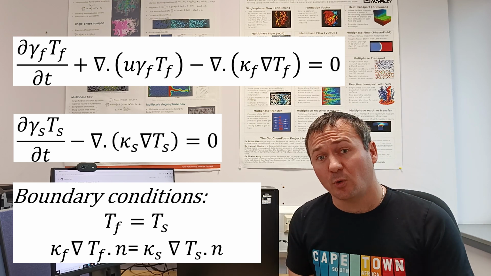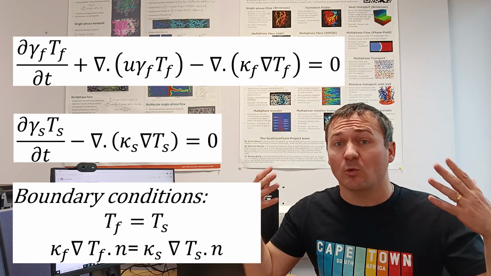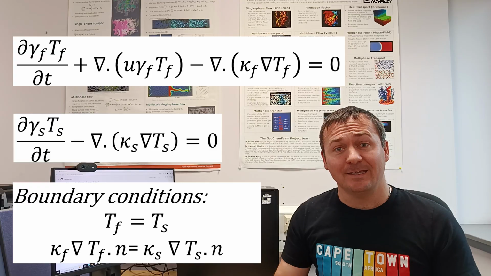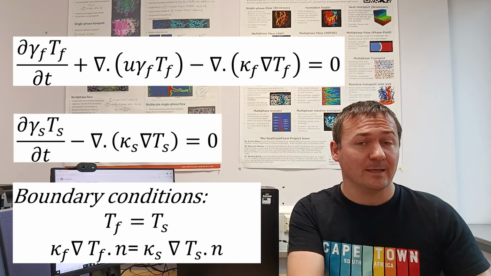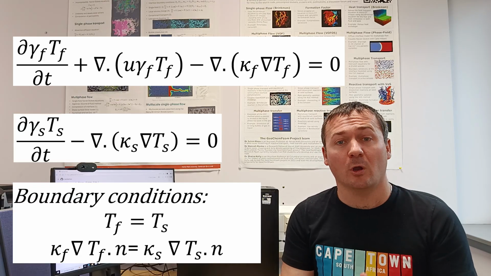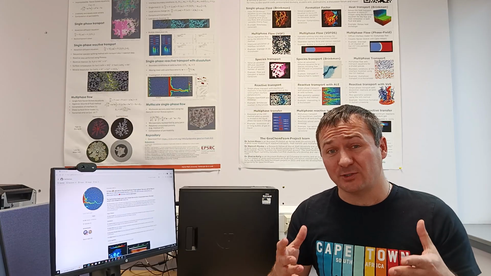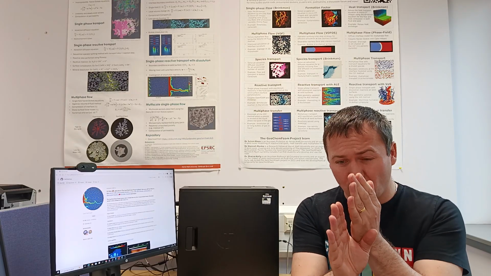Now, in a traditional OpenFOAM workflow, the standard way to handle this is to create two meshes, one for the fluid and one for the solid, and couple them across the interface. That can work well, but there's a catch. The two interfaces need to match exactly, or at least well enough, for this to work.